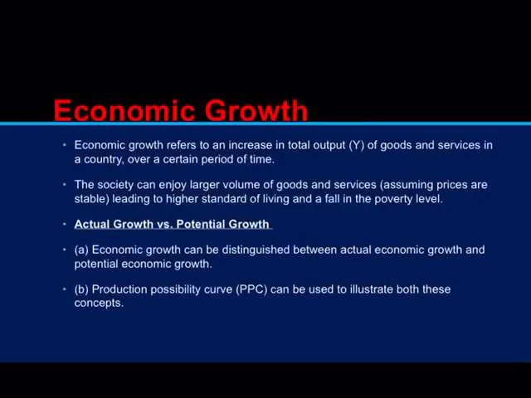Secondly, we can also use the AD-AS analysis, aggregate demand, aggregate supply framework, to show the actual and potential economic growth. So bear in mind, actual economic growth will take place in the short run, whereas potential economic growth will take place in the long run.